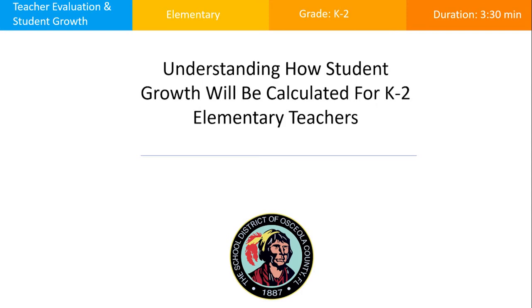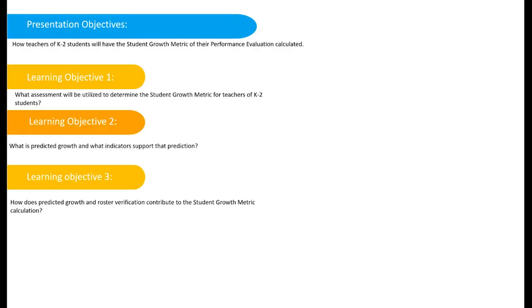In this session, we will explain how student growth will be calculated for teachers of kindergarten through second grade students. As mentioned, the focus of this presentation is to explain how teachers of K-2 students will have the student growth metric of their performance evaluation calculated.